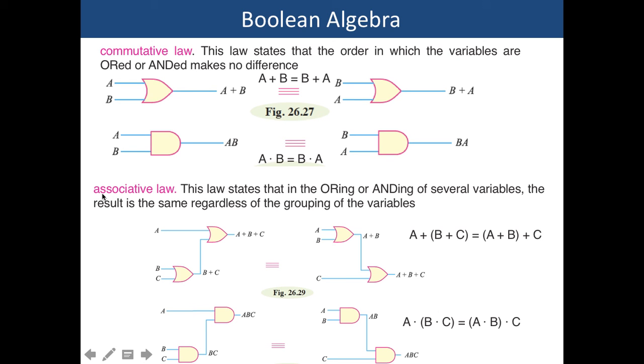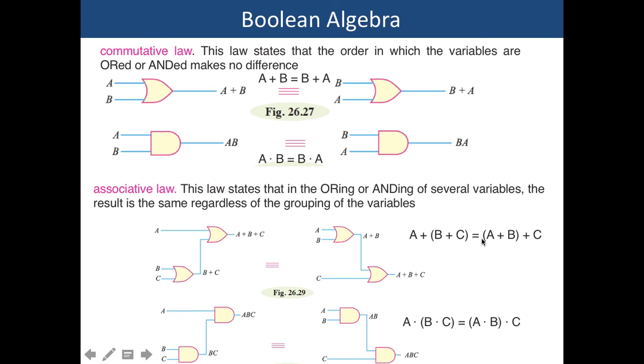Another theorem is related to the associative law. This law states that in the ORing or ANDing of several variables, the result is the same regardless of the grouping of the variables. Just change the brackets: a plus (b plus c), and (a plus b) plus c.